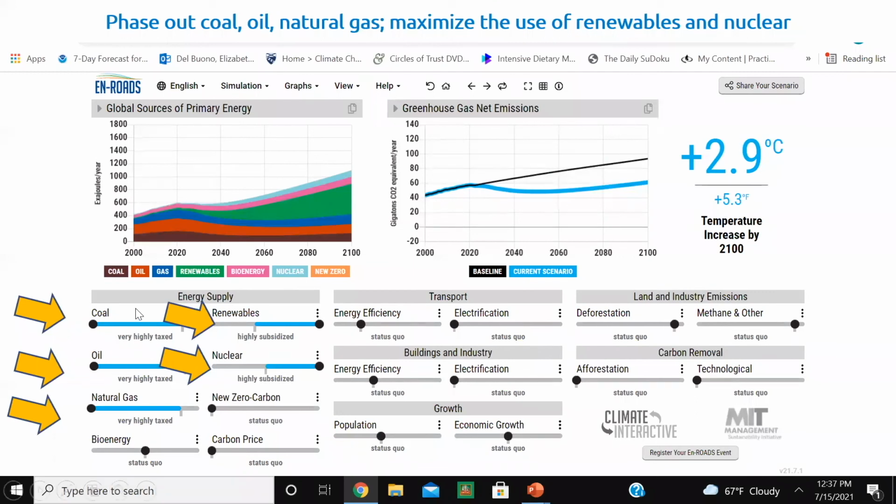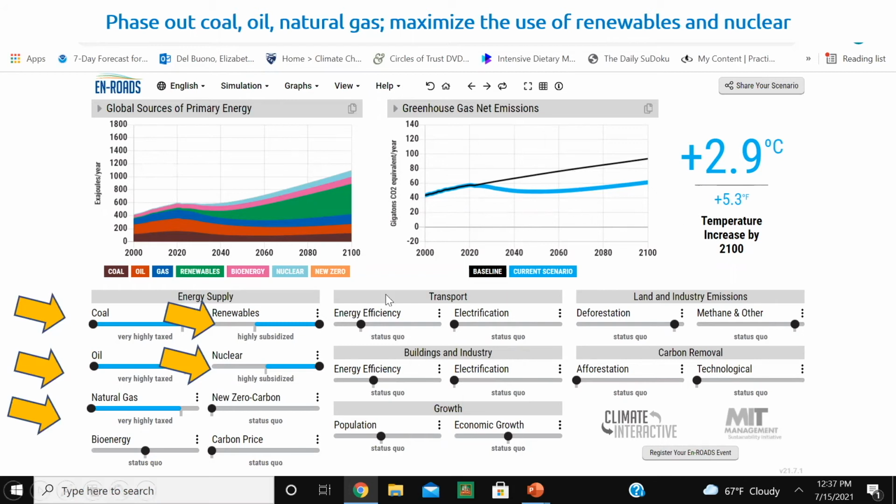Let's put in measures that would disincentivize the use of fossil fuels, increase the incentive to use renewables and nuclear, and let's see what happens to our emissions. Now they have really come down, and our average global temperature increase is down to 5.3 degrees Fahrenheit. So we're making some real progress. We need to do more.